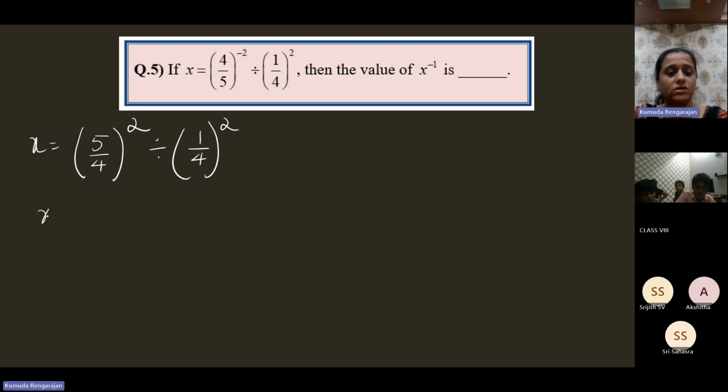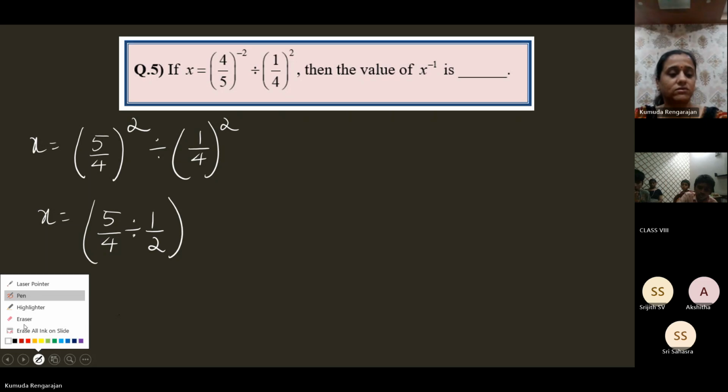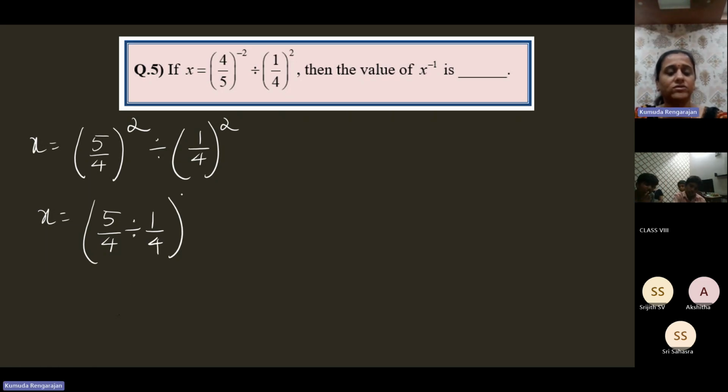Now use a rule. Bases are different, but the power is the same and it's division, so you can divide the bases and raise it to the same power.